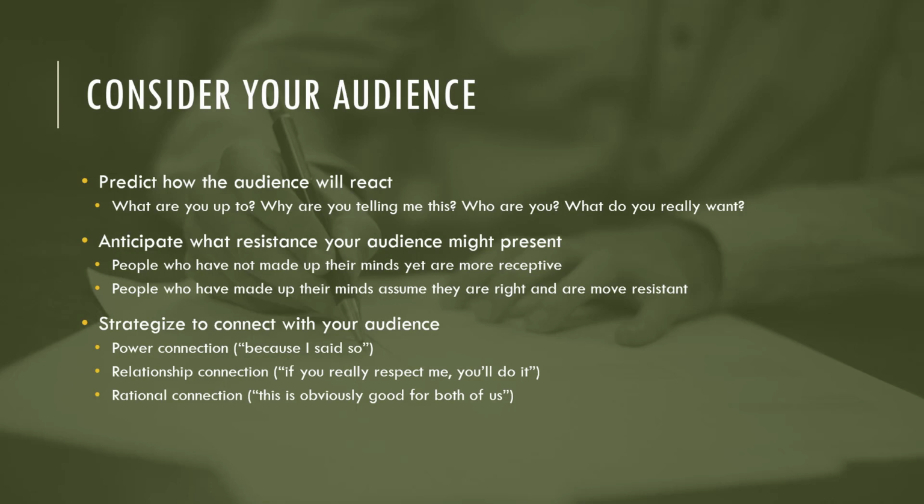So some of the strategies you want to use in order to convince or persuade your audience involve finding a way to connect to them. And there are three kinds of connections. The power connection is the one that a lot of people like to use, but it just doesn't work as well in some instances.